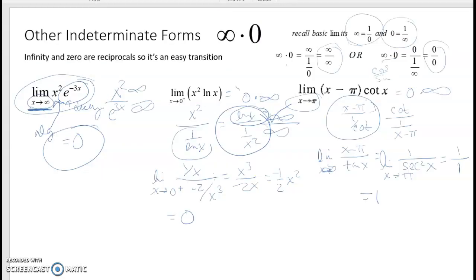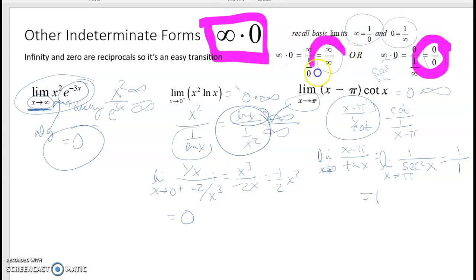And the other form that is easy to deal with is infinity times 0, because these guys are reciprocals of one another. So it's just a matter of lining them up in a way to either get 0 over 0 or infinity over infinity. And you have some choices. So make your life easy.